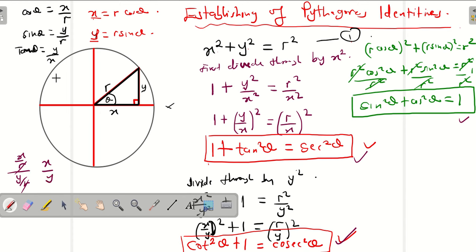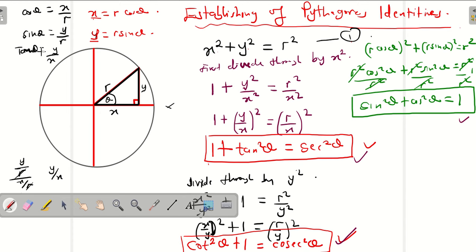No, let me correct it. Let me rather take the y first. So when I take y over r, which is the sine theta, and I divide by x over r, which is the cos theta, the r will cancel r, then I am left with y over x.